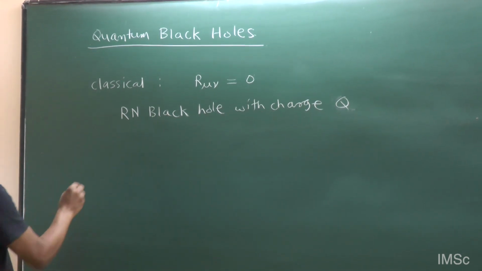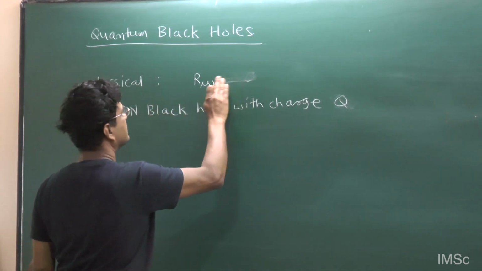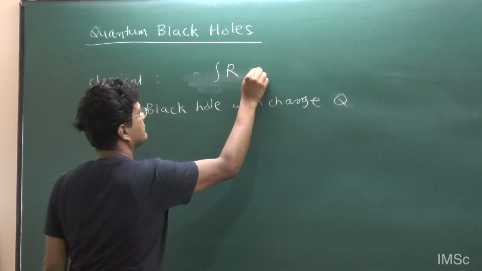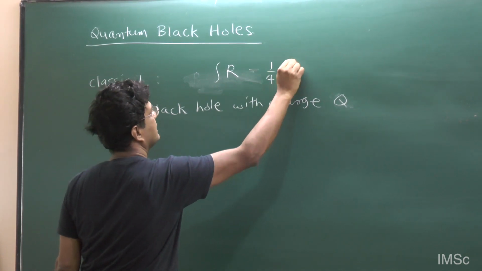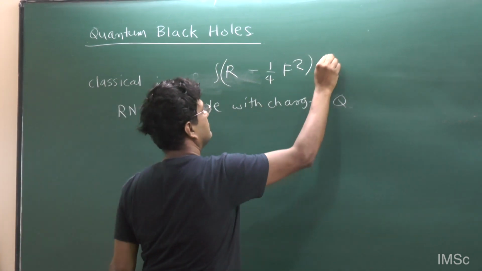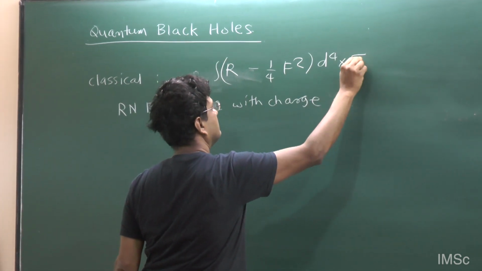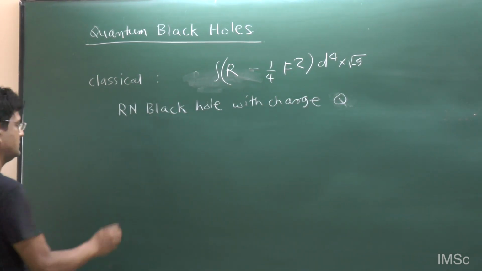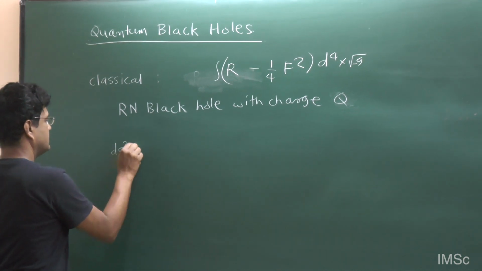The metric is very simple. In that case, you start with an action which is the Einstein-Maxwell action, and one of the solutions of this is the Reissner-Nordstrom black hole.